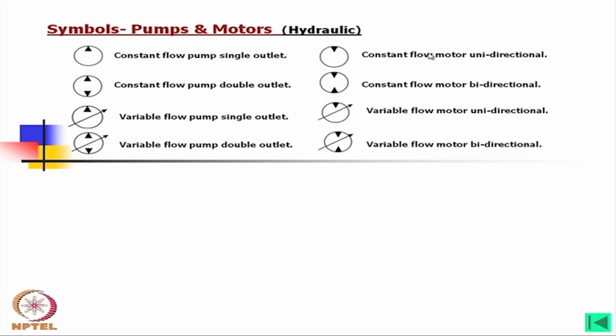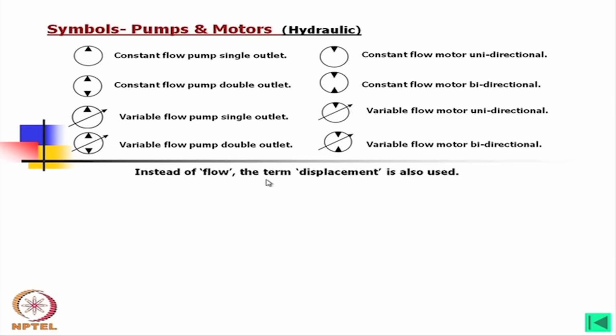And if you see this name, this is a constant flow motor, unidirectional, this is bidirectional, that means if we change the rotation, then the direction will change, flow into out and out to in, like this. Similarly, this is the variable flow motor, bidirectional.